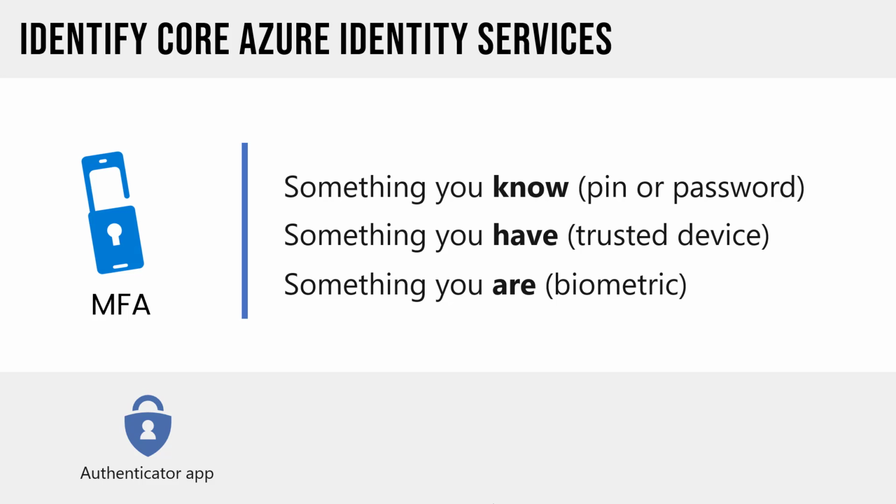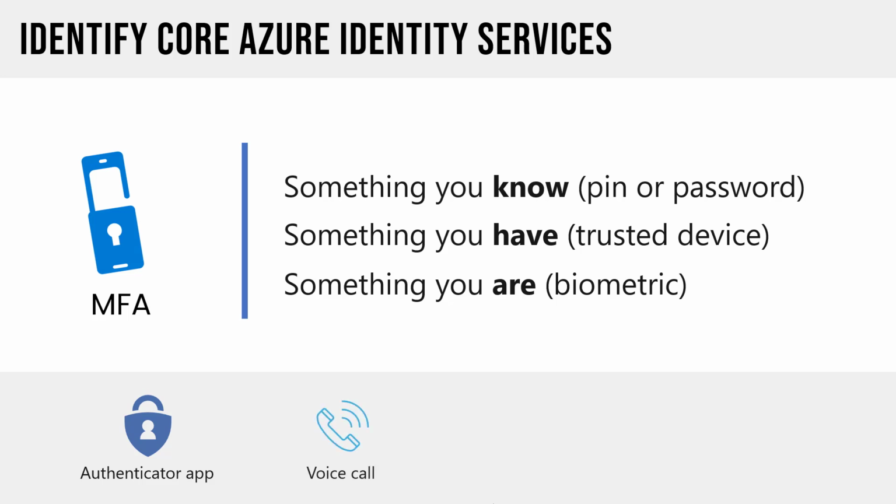This is actually one of the preferred methods, and we can actually secure that Authenticator app further by allowing, as part of the approval, the thumbprint, so biometric in that case. So at that point, we're kind of integrating both the something you have, a trusted device, and something you are, the thumbprint, the biometric.